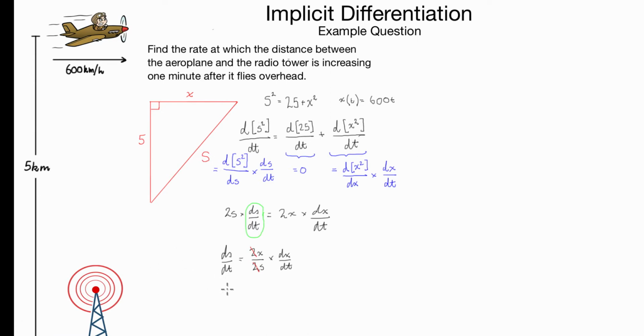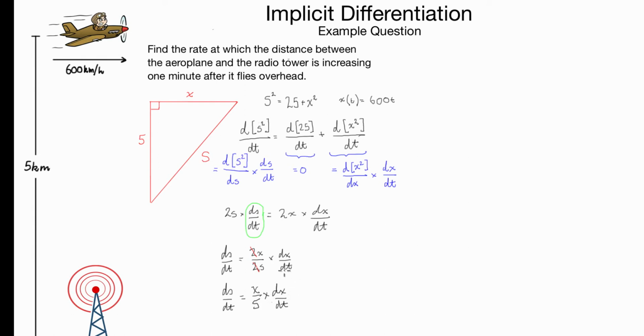So as a result, we can say that ds dt is x divided by s times dx dt.